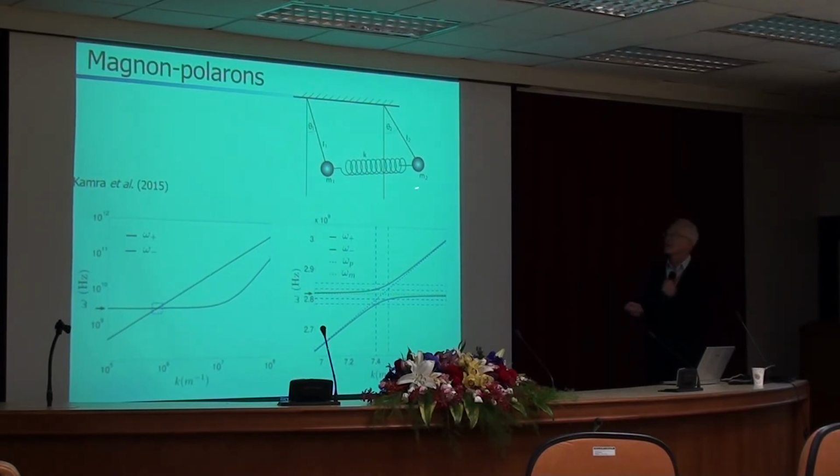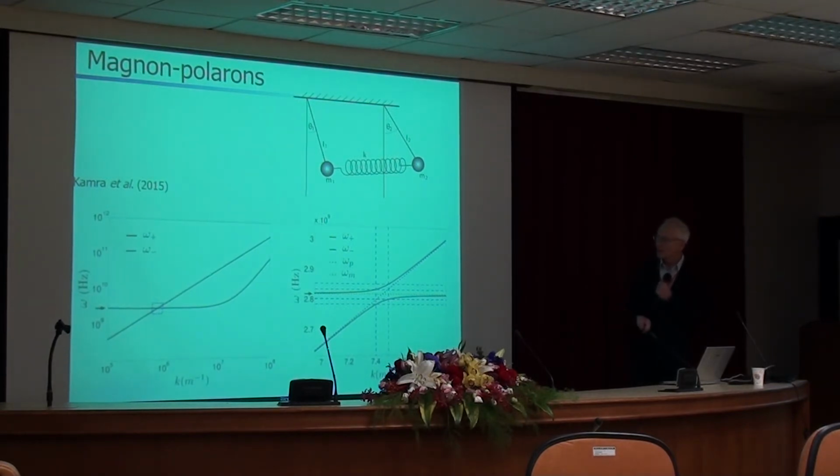Now basically this is just two coupled harmonic oscillators, right? The phonons are a harmonic oscillator system and the magnons are too. So basically it's a two-level system, but it is dispersive.